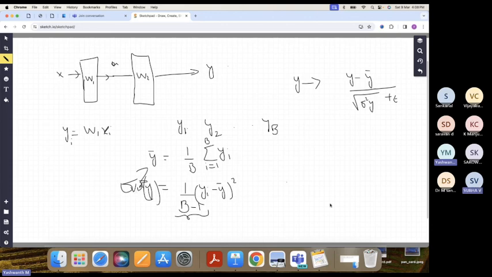And this you multiply with some beta times this term, plus gamma. So this is scale and this is shift.